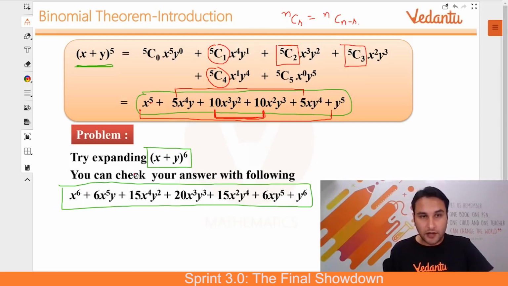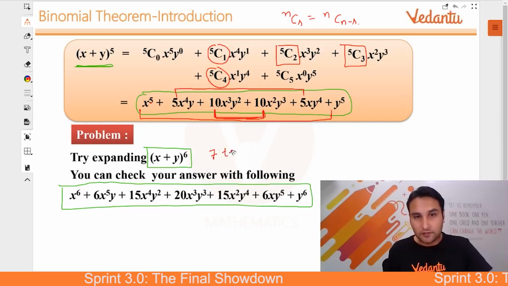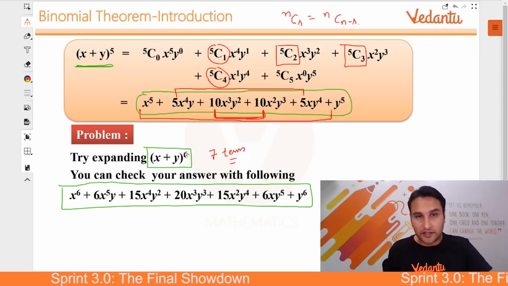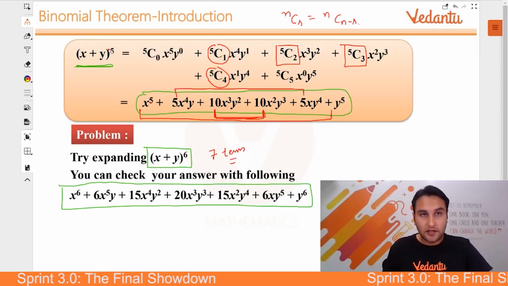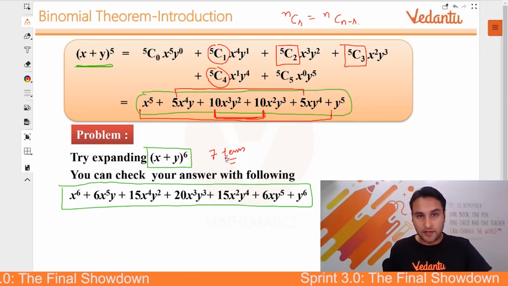See this? Similarly, x plus y to the power 6, how many terms will be there? Number of terms will be 7. Number of terms are always 1 greater than the power. Here there are 6 terms: 1, 2, 3, 4, 5, 6. Here 7 terms.